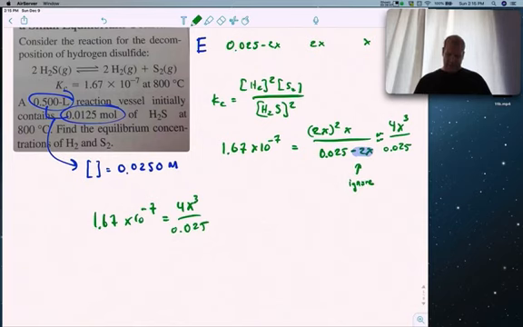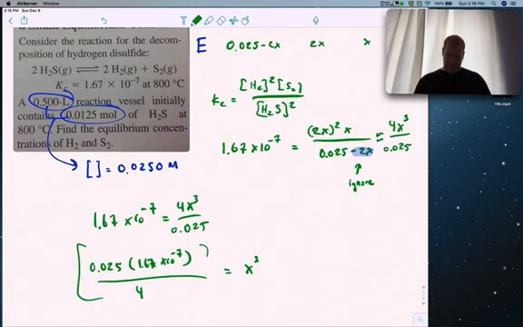Okay, so then let's put all the numbers on one side: 0.025 times 1.67 times 10 to the minus 7 over 4 equals x cubed. So I can take the cube root of this and get rid of that, and then put this in the calculator. I will put it in the calculator.